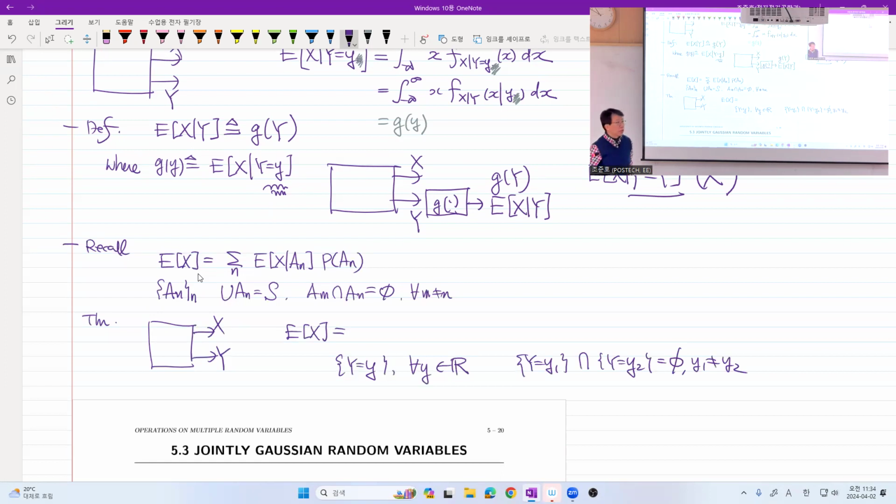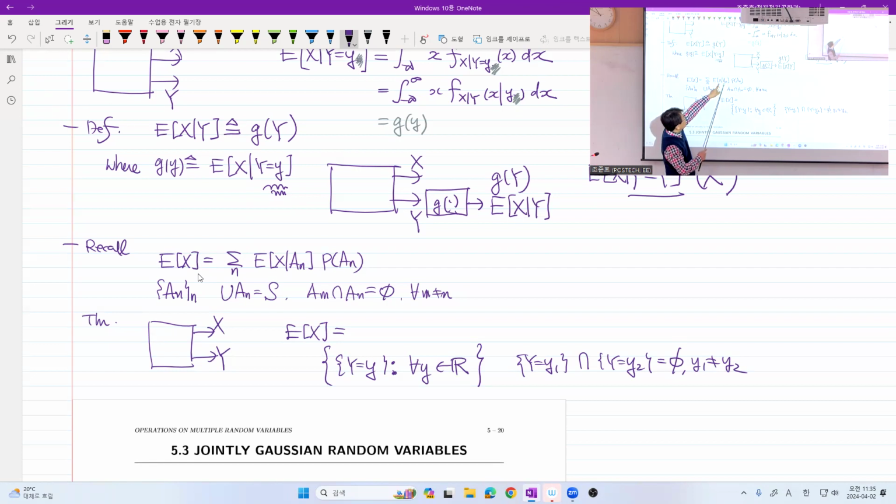The empty set. So actually, this collection of events in the form of capital Y equals y, for all y in the real numbers. What is this one? This is a partition, right? So this gives us a partition.